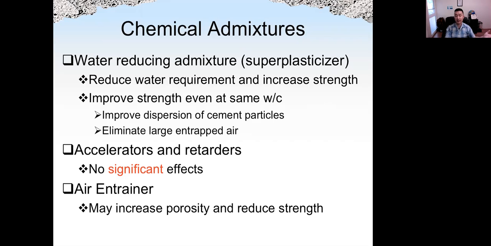Early strength will be higher, final strength will be lower because of non-uniform hydration product. Retarder will be opposite, so there's some small effect on strength, similar to what we discussed in the effect of temperature. For air entraining agent, because they will increase the porosity, strength will definitely be lower.